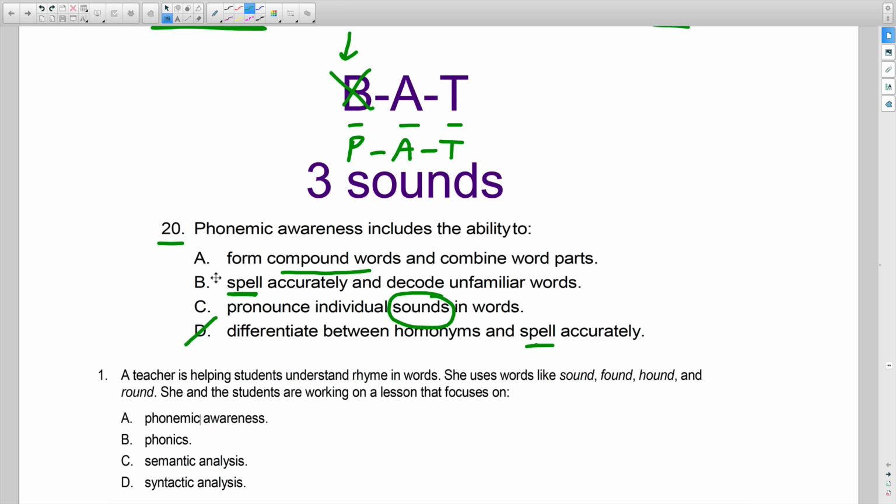So D would be out, B would be out. Compound words is a more complex skill and does not have to do with phonemic awareness, so A would be out. And C, if I remembered that phonemic awareness has to do with sounds, pronounce individual sounds in words, like we did here. B, A, T. This word is made up of three individual sounds.